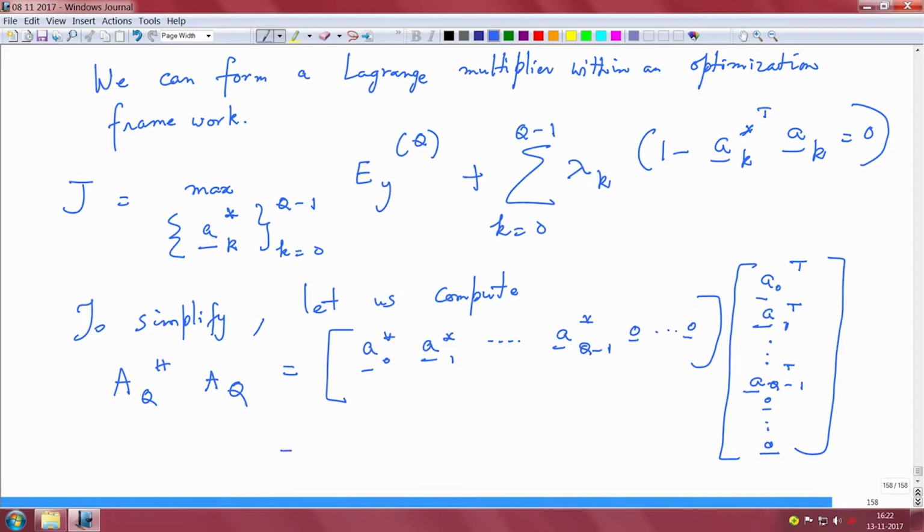Okay, and this can be compactly written in the form of a summation. This is k equals 0 to q minus 1, A k conjugate times A k transposed. Okay. The moment you understand how to set this right, the rest is routine algebra. You just have to get the right setup formulated.